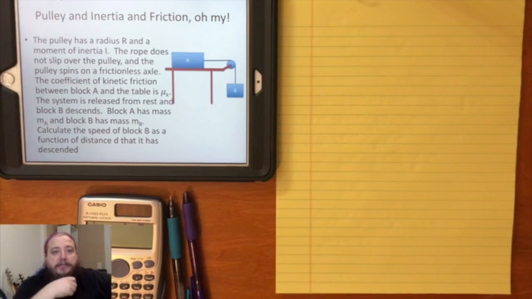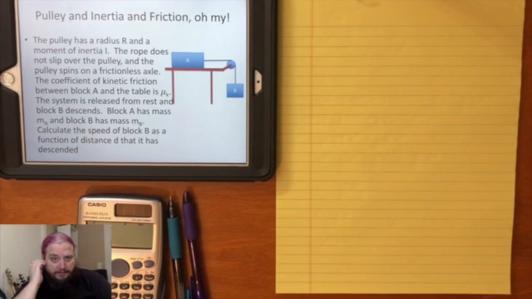And the pulley spins on a frictionless axle. The coefficient of kinetic friction between block A and the table is mu sub k. The system is released from rest and block B descends. Block A has a mass ma and block B has a mass mb. Calculate the speed of block B as a function of the distance d that it has descended.